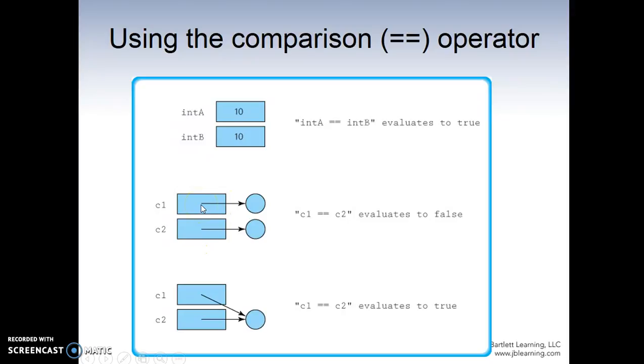Reference means this is an object. Like if I create a circle, C1, from a circle class template, I'm going to have the reference to that circle. If I create circle C2, from the same class template, it's going to point to another object. When we try to compare these with the two equals operator, it's not going to return true, because they're different objects.